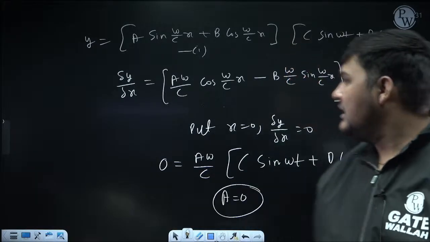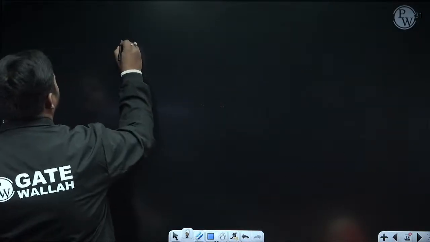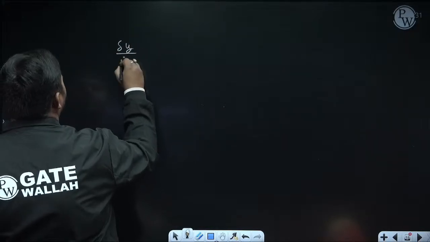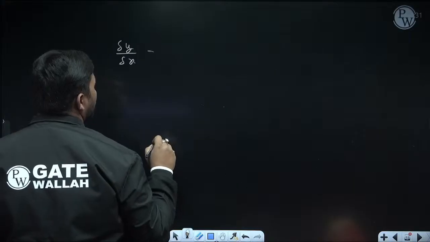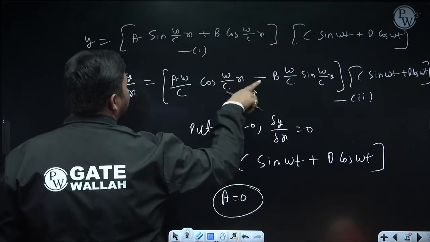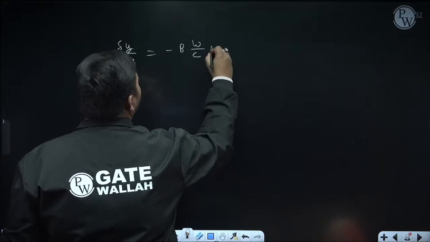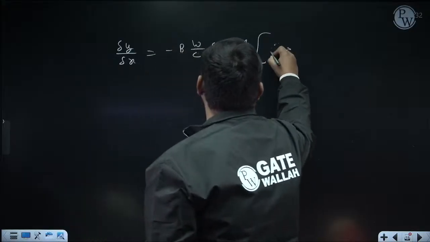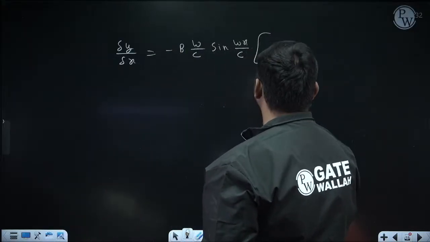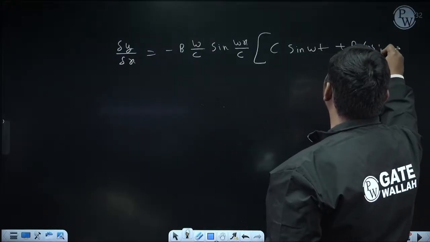Now I am putting a equal to 0 in equation 2. So the equation of del y by del x will become minus b omega by c sine(omega x by c) into (c sine omega t plus d cos omega t).